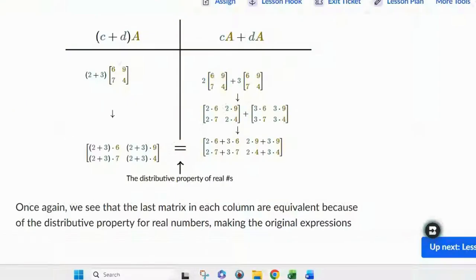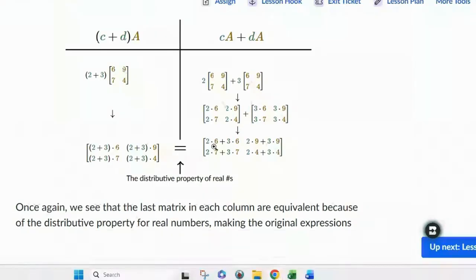If we have 2 scalars, we can add them together and then multiply by the matrix. Or we can distribute the matrix, multiply each of them individually, and then add them together. 2 plus 3 times 6 is 30. 12 plus 18 is 30. 2 plus 3 times 7 is 35. 14 plus 21 is 35.